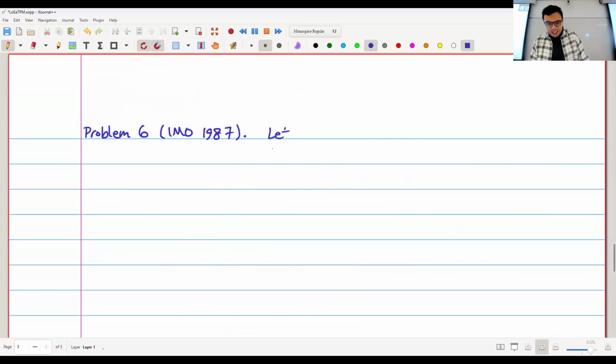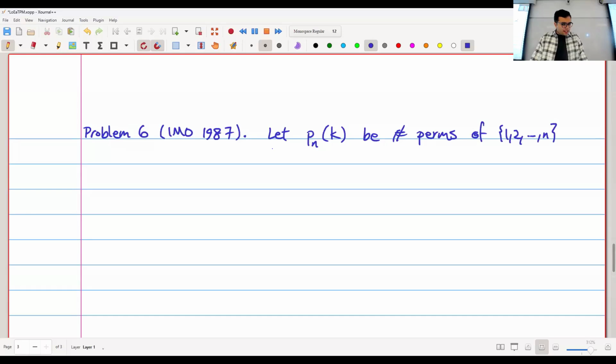Let P sub n of k be the number of permutations of the set 1 to n that have exactly k fixed points.